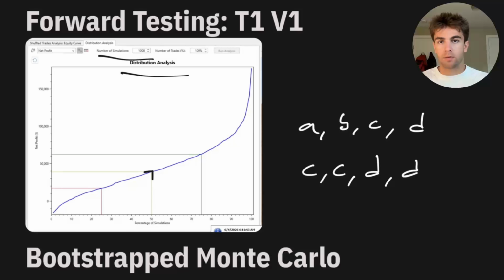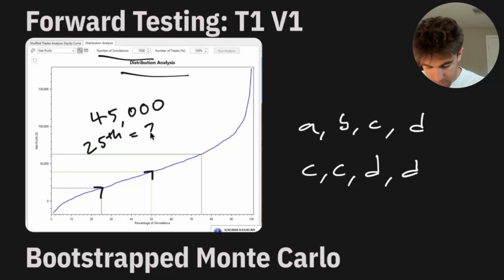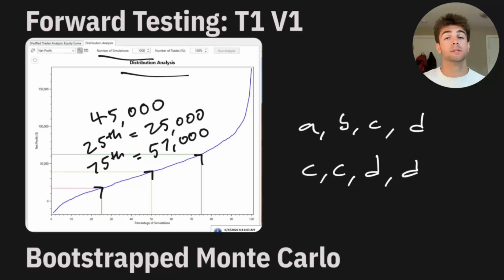The 50% mark for this given strategy, the net profit is around 45,000, and then the 25th percentile here is about 25,000, and the 75th percentile was not much higher than the 50th, actually, at about 57,000 in net profit. So there's not actually that much variance from the 25th to 75th percentile.